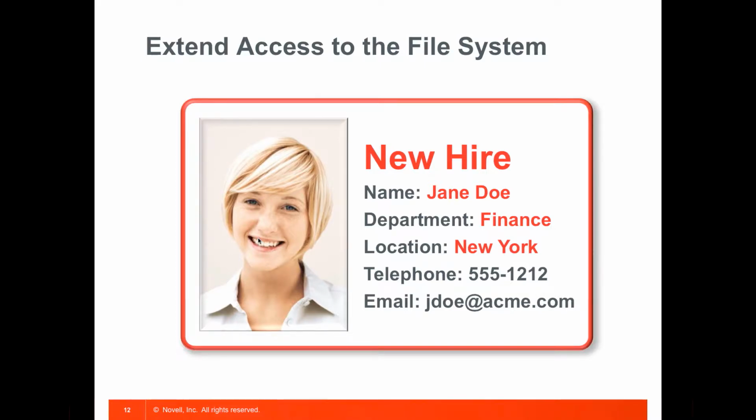So let's look at Jane Doe. Let's pay attention to Jane because she's pretty much what you'd consider a fast mover and shaker. We hire Jane Doe. She's going to start in the finance department. She's located in New York with that very ubiquitous phone number. And she gets her email assigned. All this is done through some identity-based solution, right?